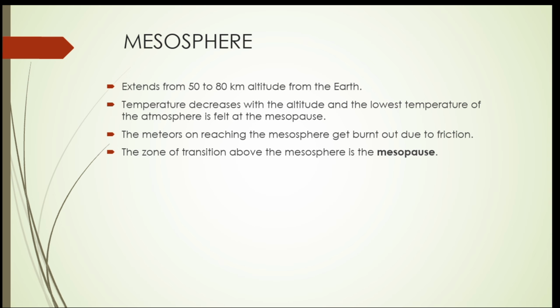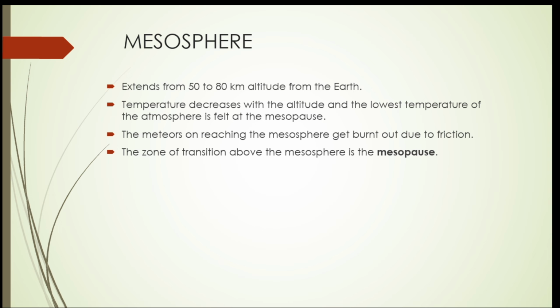If the meteors were to collide with the Earth, it would affect life on Earth in a negative way. Or in more serious terms, even life on Earth would not have been possible. So due to the friction in the mesosphere, these meteors get burned and do not fall on Earth. This makes life on Earth possible.